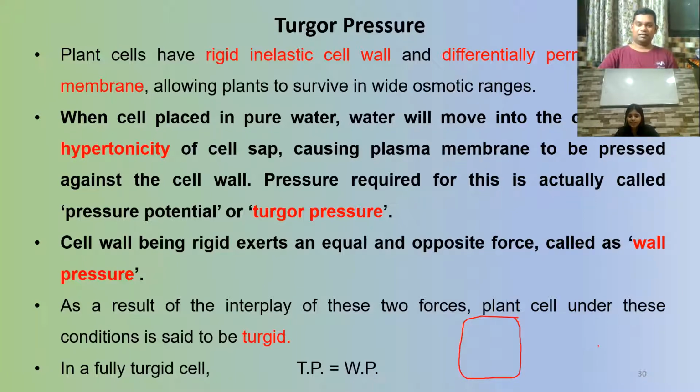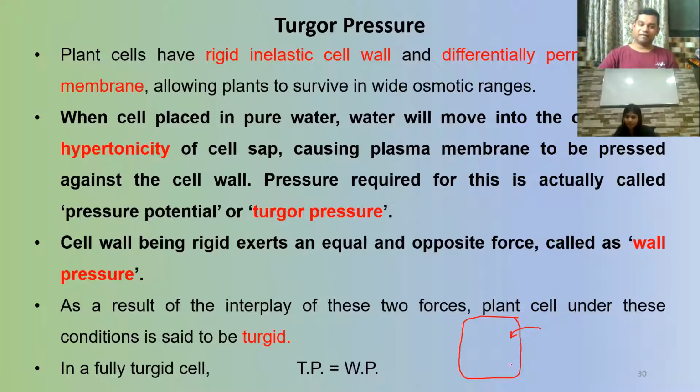Normal plant cell. Now, when the cell is filled with water, it is undergoing endosmosis. Yes, the water is entering into the plant cell.